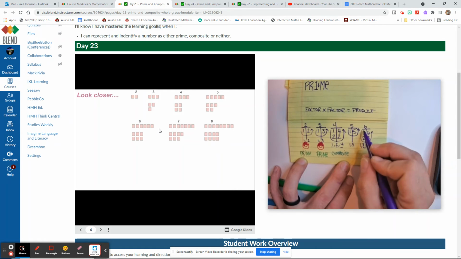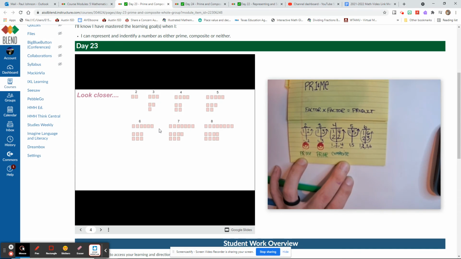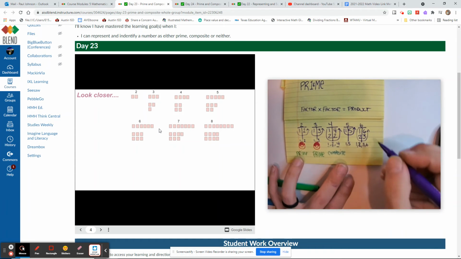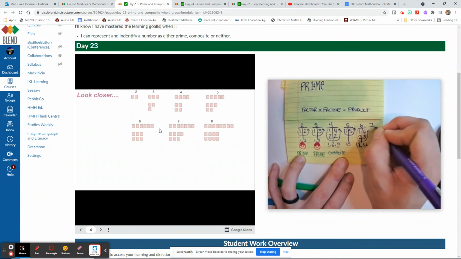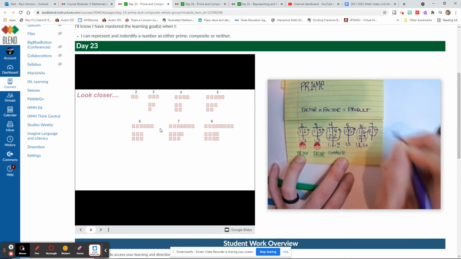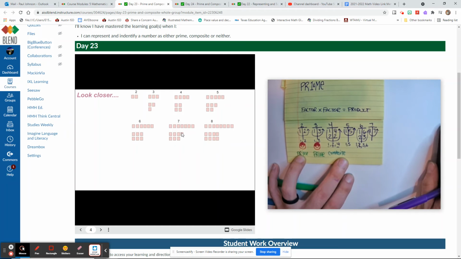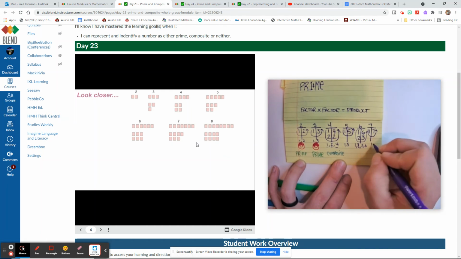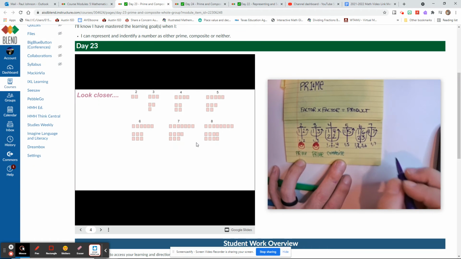I'm drawing the arrow there because you can see 1, 2, 3, 6. All right, 7 only has two factors. The only way to make 7 is 1 times 7. As you can see, any other way doesn't work. All right, so the only two factors to 7 are 1 and 7.